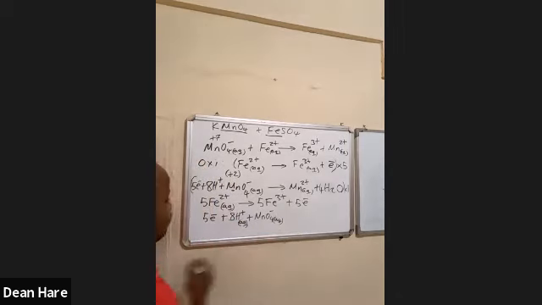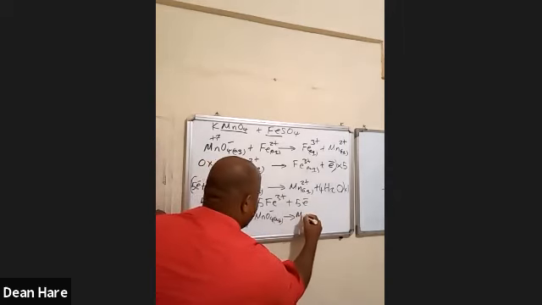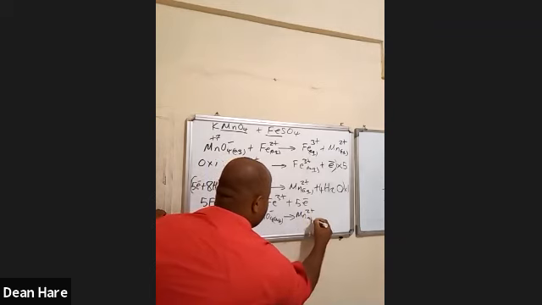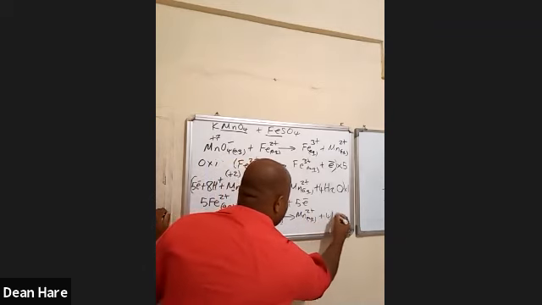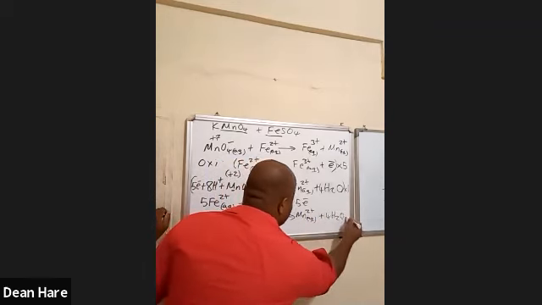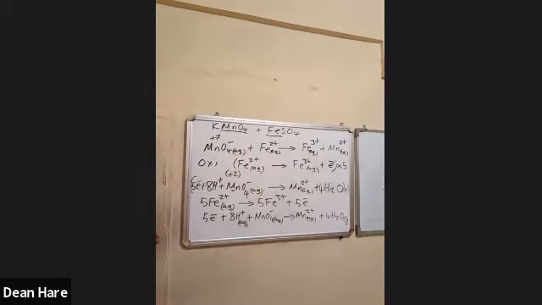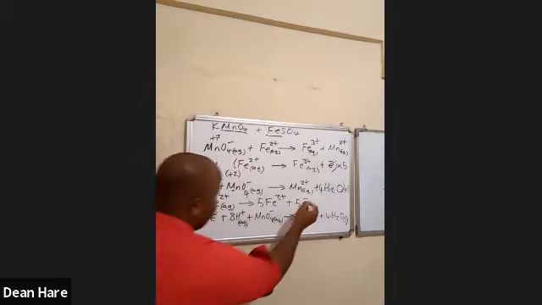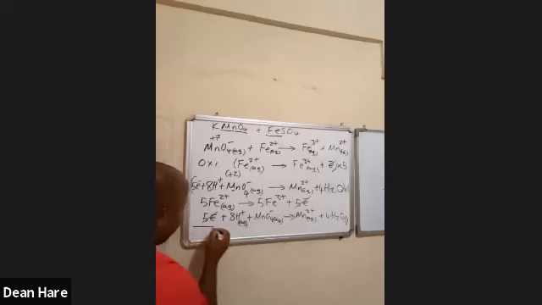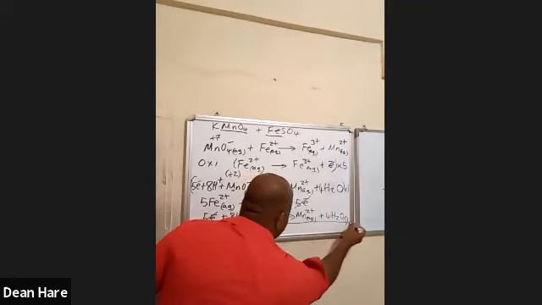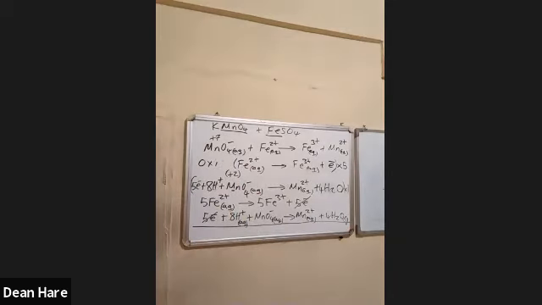Right? What else do we need over here? Mn2+ plus 4H2O. Right? And then all we need to do now is cancel out the electrons. And then we would write our final net equation. In this equation, we're going to write everything on the reactant side from the top equation, right?